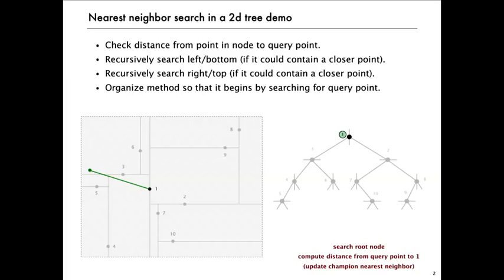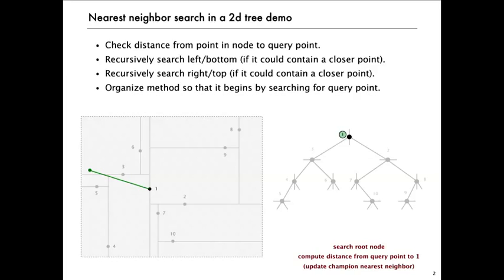So the first point is the closest we've found so far to the query point, so we'll save number 1 as the distance. And we'll only worry about the possibility of finding something closer than that. And so just using that distance, we recursively search any part of the tree that could contain a closer point.